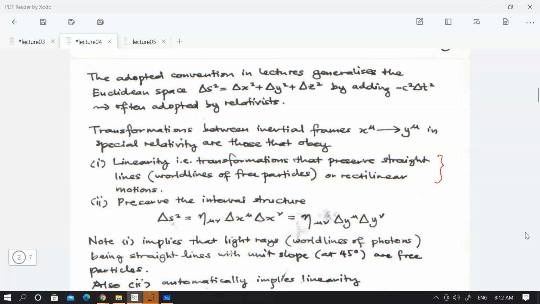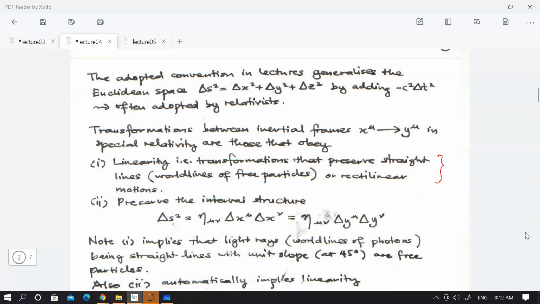But remember, over here in special relativity, Newton's equation of motion is just a limiting special case. So we wouldn't want to use that criterion to be adopted in special relativity. So there must be something much more general that can be adopted.